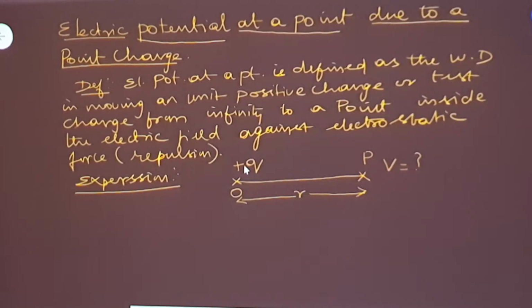Here, if the charge is positive charge plus Q as the parent charge and the test charge is unit positive charge, then the electrostatic force is repulsion. So I have written it here as repulsion.